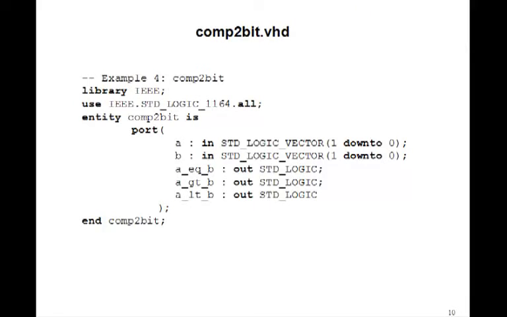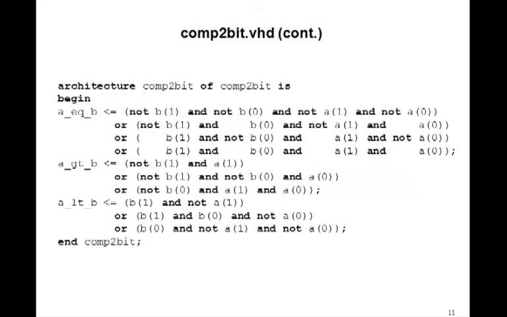And finally, we did the 2-bit comparator. The 2-bit comparator in example 4, we had A and B, each with 2 inputs, so it's a total of 4 inputs, and the 3 outputs, A equal B, A greater than B, A less than B. How many lookup tables and I.O. blocks do you think? Here's the architecture.